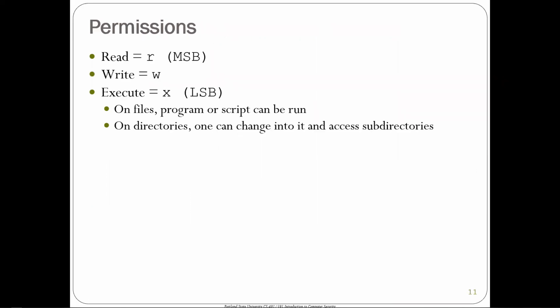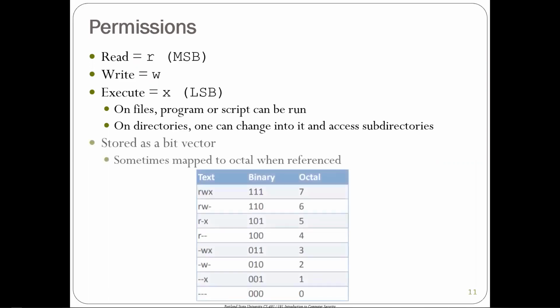Okay, so with permissions, they're often associated with letters. Read is R, write is W, execute is X, and they're organized as bits. It's like a bit vector associated with a file. They're often stored as a bit vector, with the most significant bit being the read bit and the least significant bit being the execute bit.